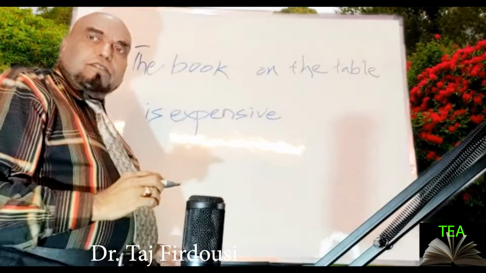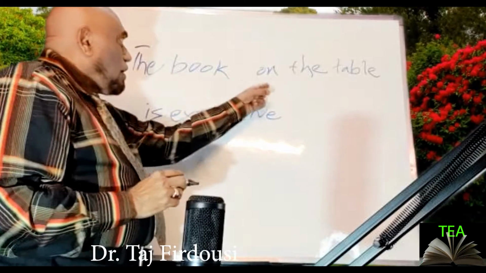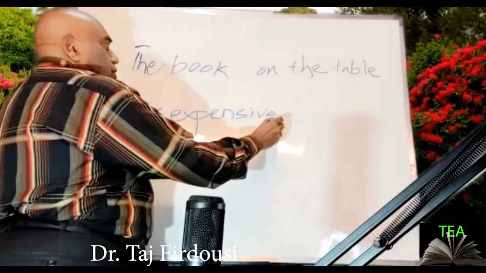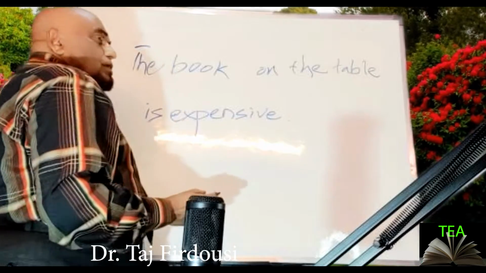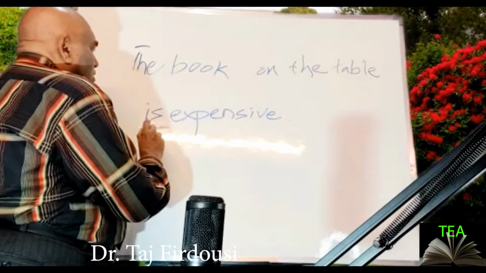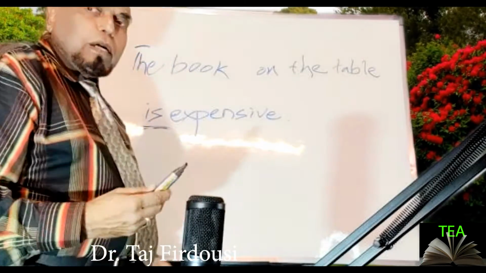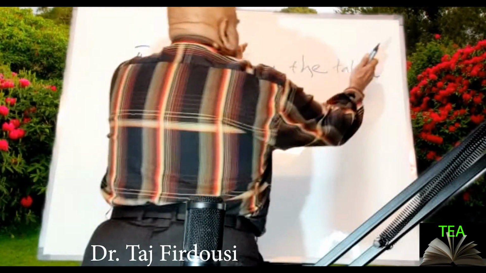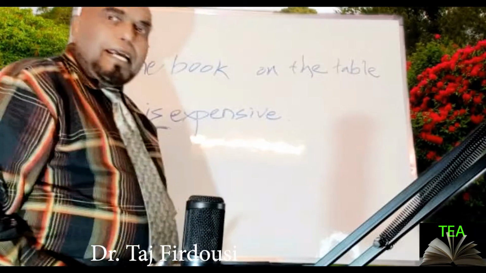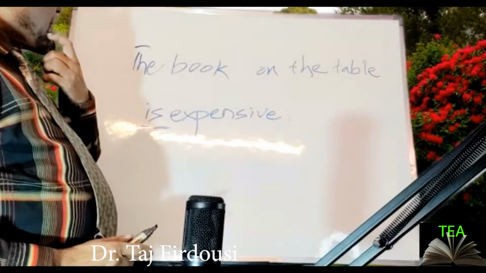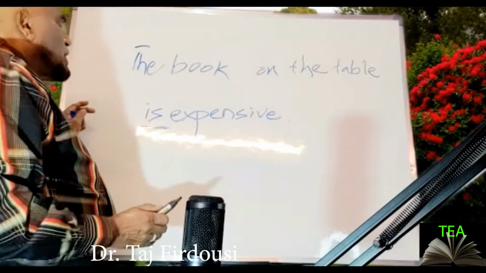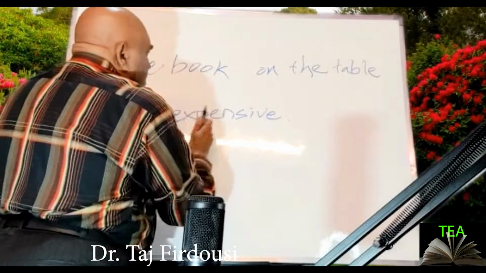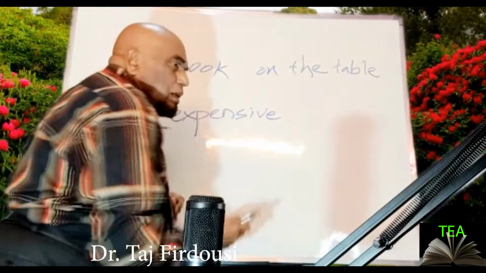Look at the sentence: the book on the table is expensive. There is only one verb, so it's a simple sentence. On the table is a phrase. If you want the meaning in a very short way, you can say the book is expensive.